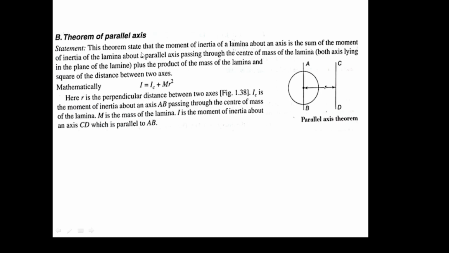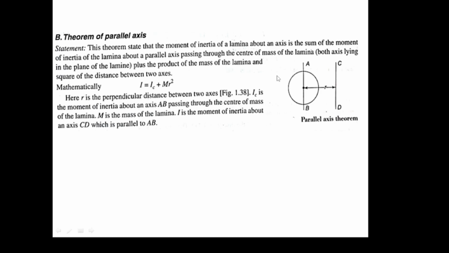The parallel axis theorem states that the moment of inertia of a lamina about an axis is the sum of the moment of inertia of the lamina about the parallel axis passing through the center of mass of the lamina, where both axes lie in the plane of the lamina, plus the product of the mass of the lamina and the square of the distance between the two axes.